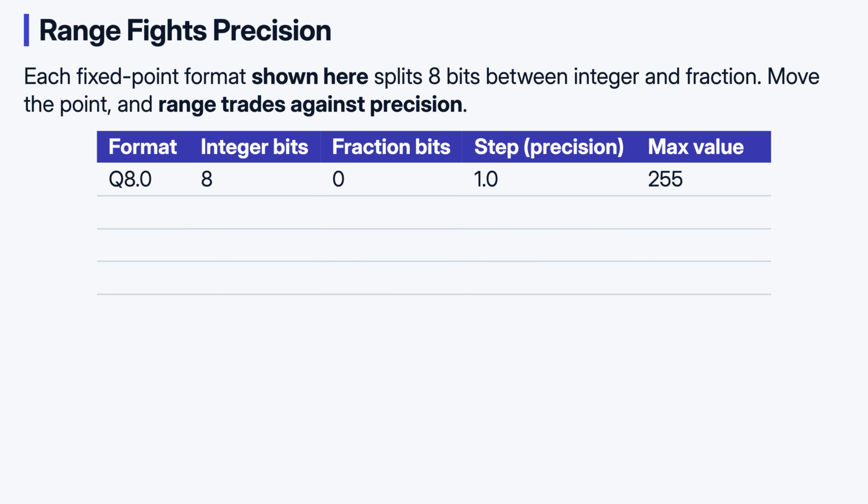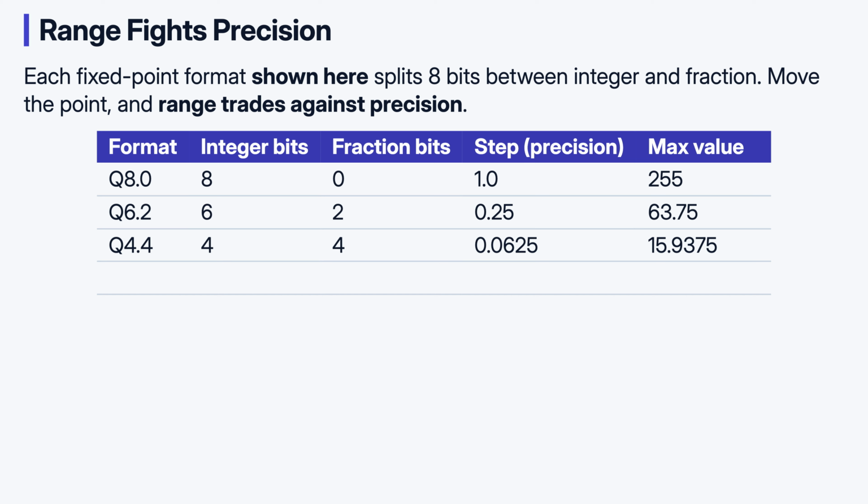Every fixed point format faces the same tension. You have a fixed number of bits, 8 here, and you must split them between the integer side and the fraction side. Q8.0 is just a plain integer. It reaches 255, but its step is a whole one with no fractions at all. Slide the point over to Q6.2, and you gain 2 fraction bits. The step drops to 1/4, but the largest value falls to about 63.75.